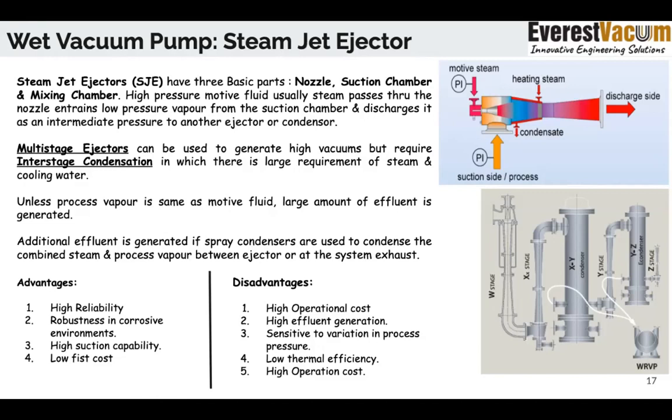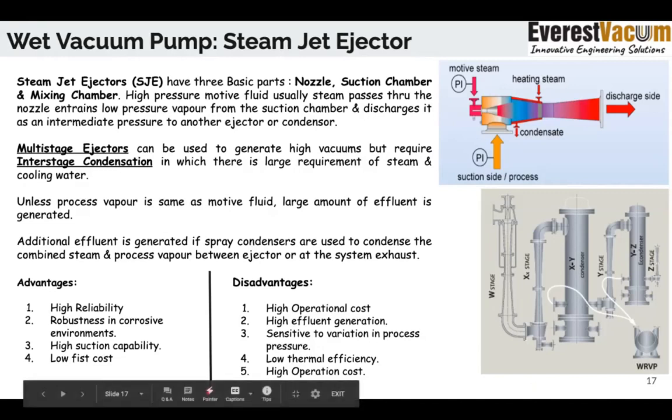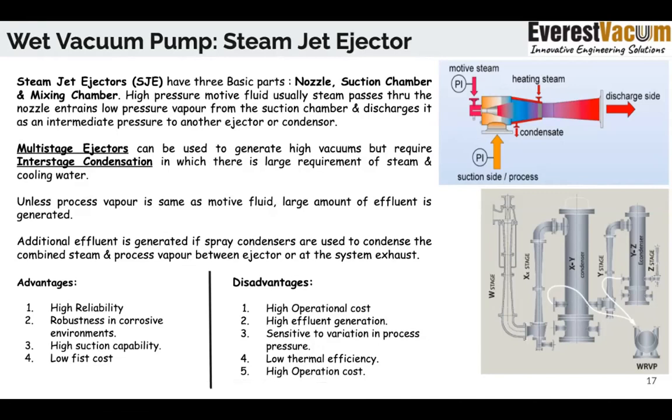And because all of this steam is getting mixed with process vapor, it will generate high effluent. So here I have written: unless the process vapor is the same as the motive fluid, a large amount of effluent gets generated. This is the biggest drawback a steam jet ejector has.